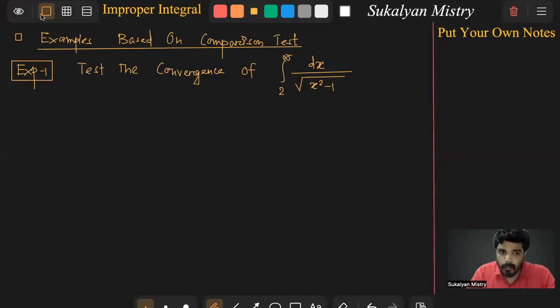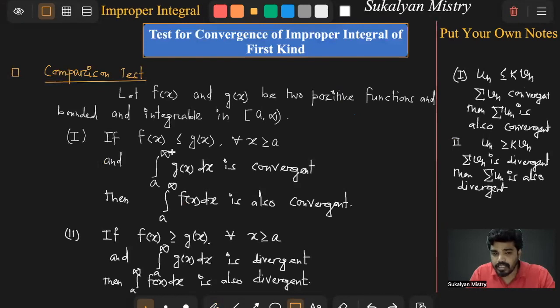See what I said about the comparison test: if f(x) is less than or equal to g(x) and the integral from a to infinity of g(x) dx is convergent, then the integral from a to infinity of f(x) dx is also convergent.